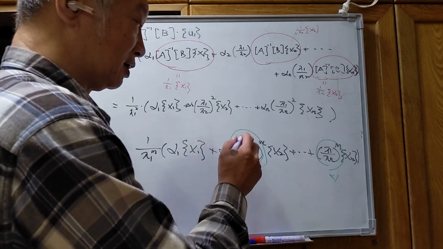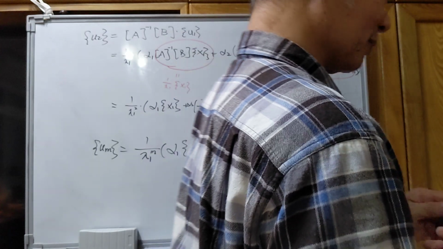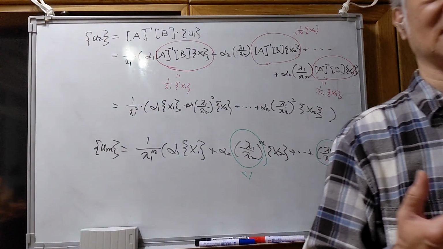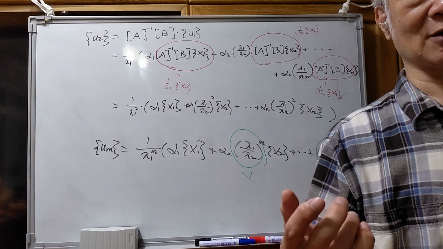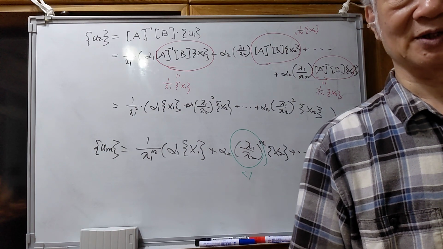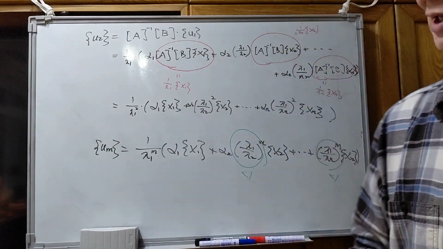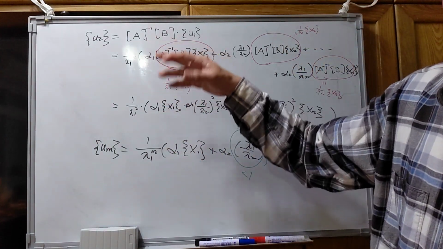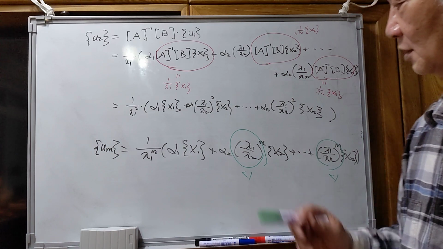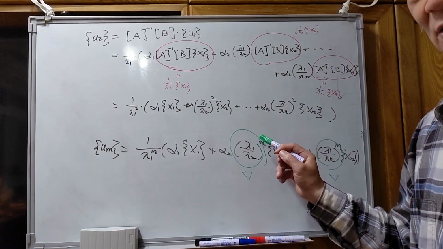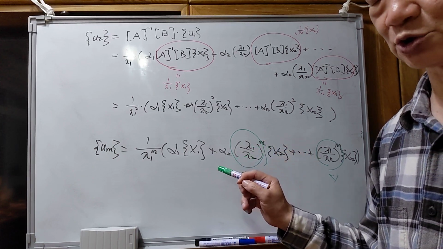Okay, lambda 1 divided by lambda 2, or lambda 1 divided by lambda 3, until the last one, lambda 1 divided by lambda n, they are all less than 1. So after many iterations, we can increase the power of this ratio.